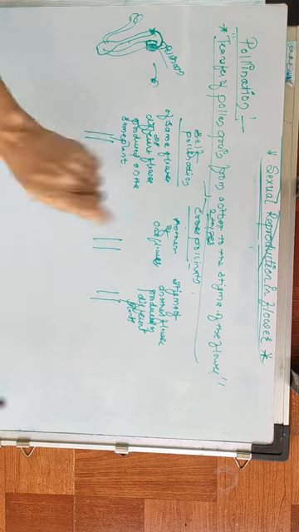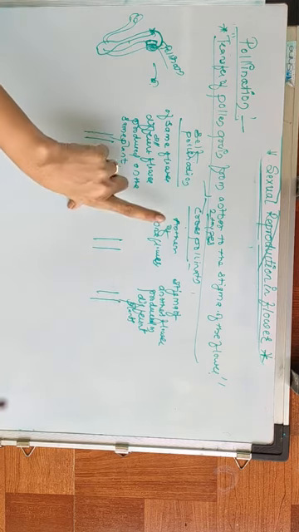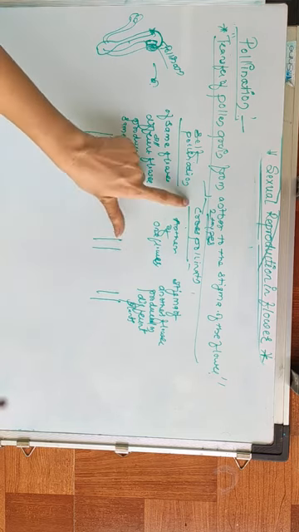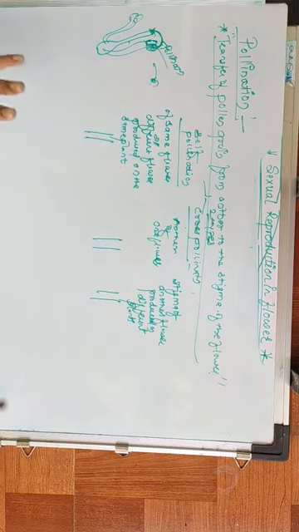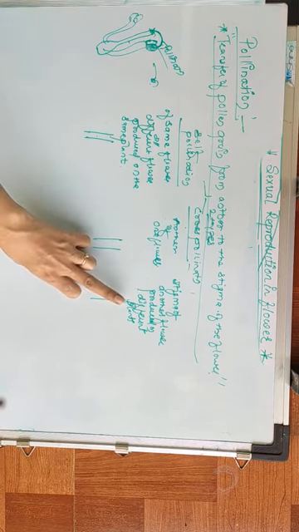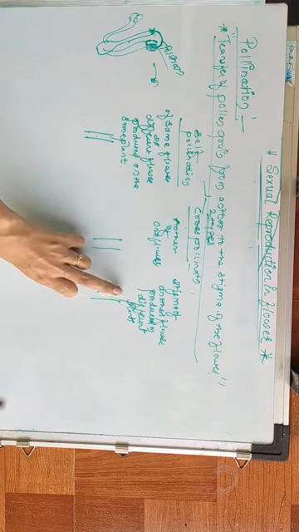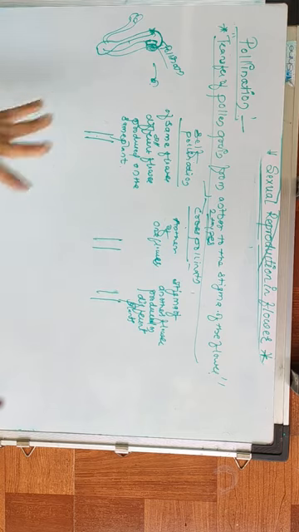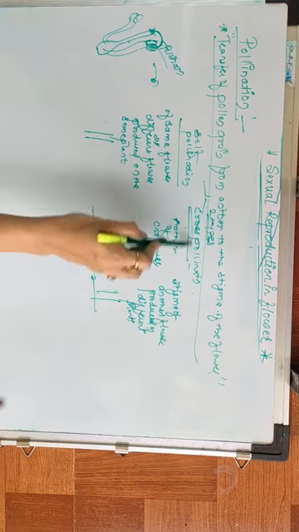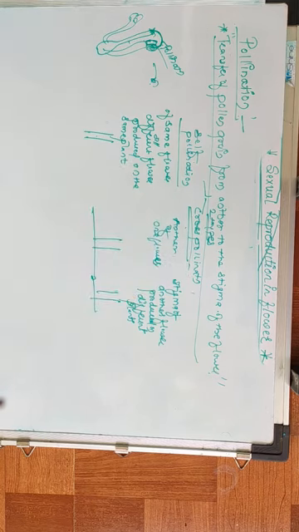So what do you mean by cross-pollination? Here the transfer of pollen grain from the anther of one flower to the stigma of another flower produced on a different plant, which has totally different genetic material. This type of pollination is known as cross-pollination.